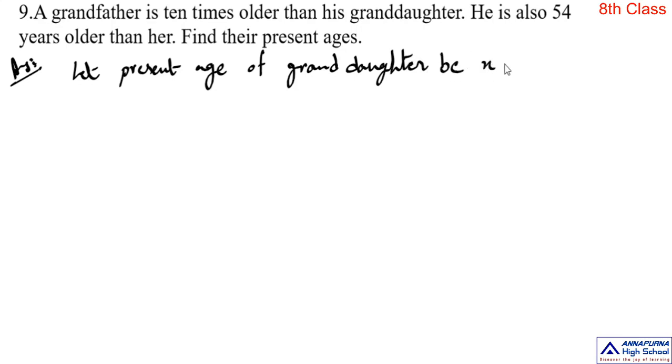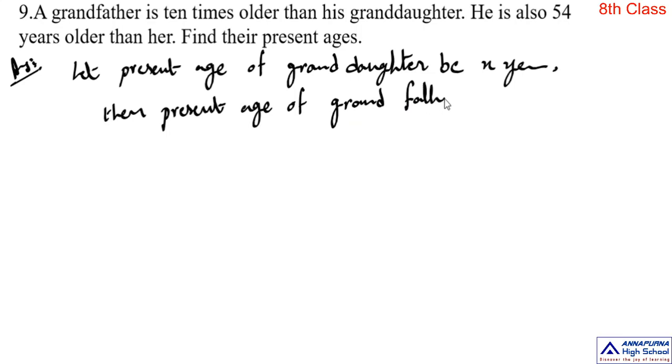According to the first statement, the present age of grandfather is equal to 10x years, and also the grandfather is 54 years older than granddaughter.